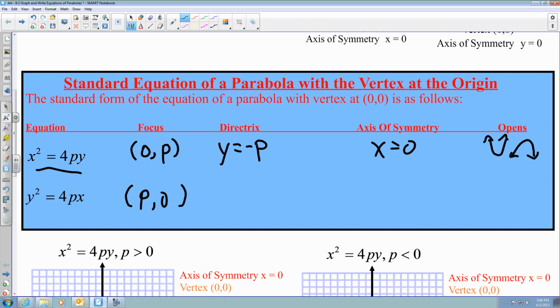That's where that change comes in. The directrix, instead of being y equals negative p, is going to be x equals negative p. The axis of symmetry here would be y equals 0. And then it'll open up either like this or like that, so either a left or a right type of opening.